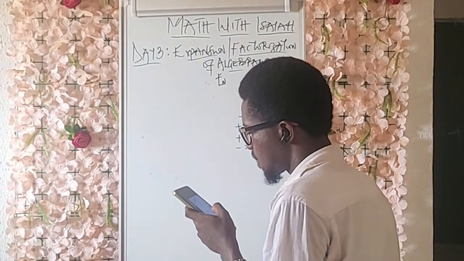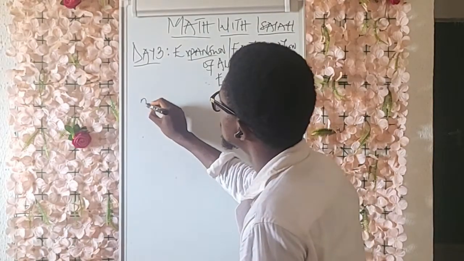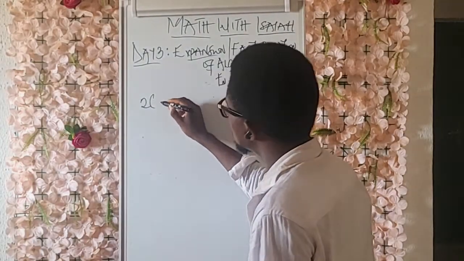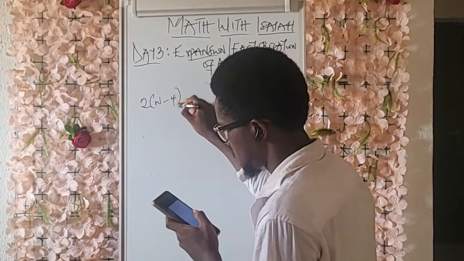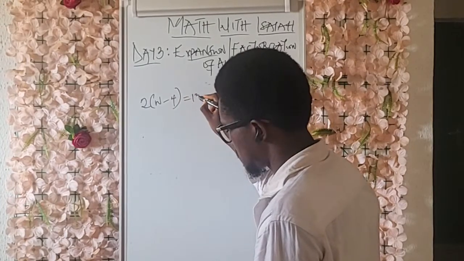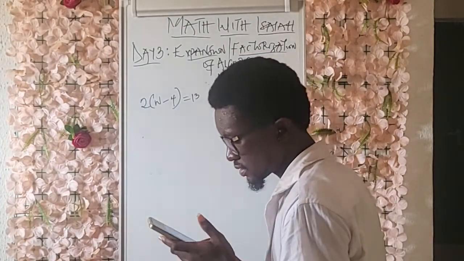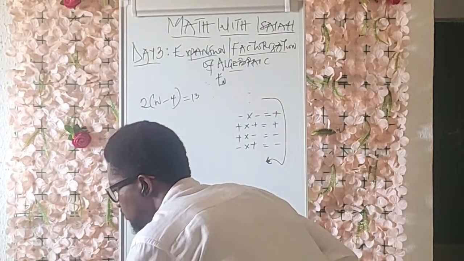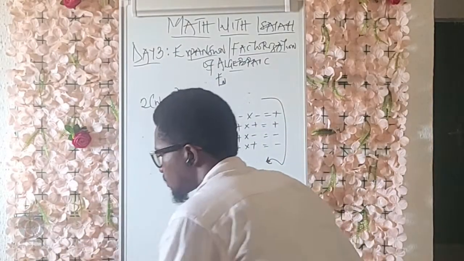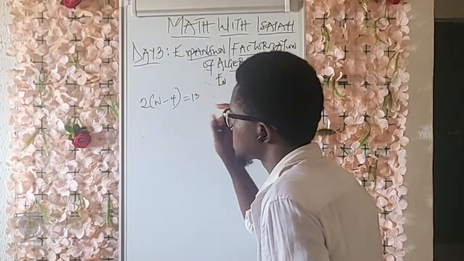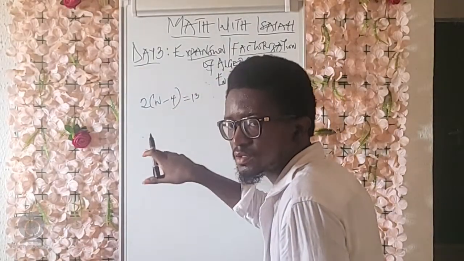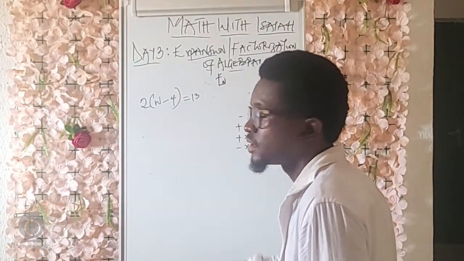So 2 into bracket w minus 4 equals 13. Now this is not an algebraic expression, this is an algebraic function. Sorry, an algebraic equation rather.